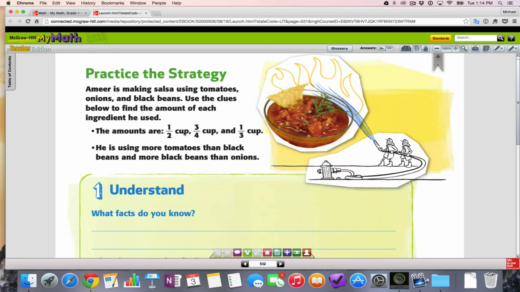So just putting these in order, 3/4 is pretty big, and it is actually bigger than both 1/2 and 1/3, so we know that 3/4 is the biggest.